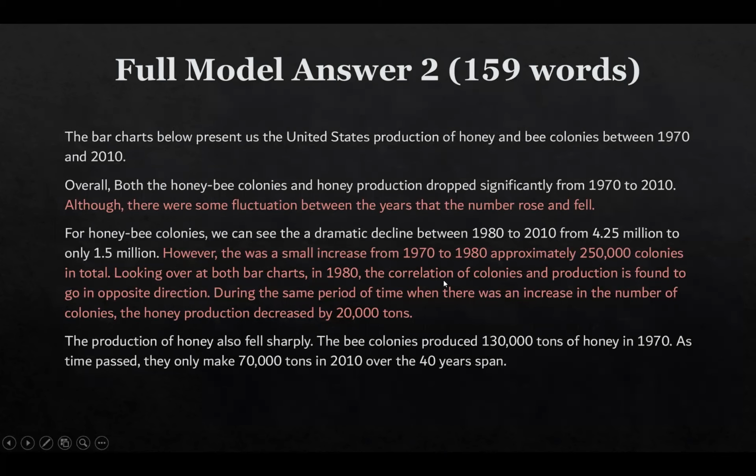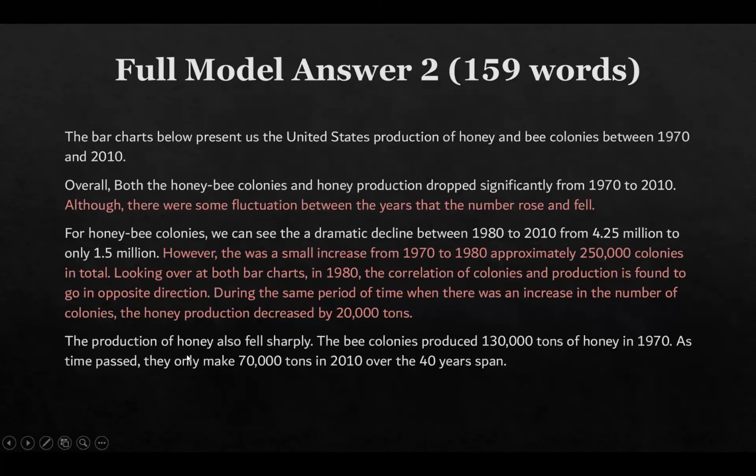So the correlation means the relationship of colony and production is found to go in opposite direction. During the same period of time when there was an increase in the number of colonies, the honey production decreased by 20,000 tons.